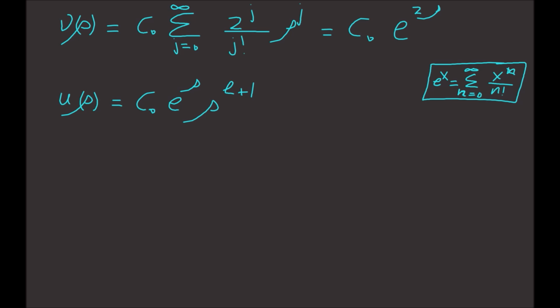But this is exactly the behavior that we didn't want. For large j, which is the same as large rho, this function is going to blow up, and this is exactly what we don't want. This tells us that there must be a maximum j where this is equal to 0. So there must be some constant times j max plus 1 that must be equal to 0.